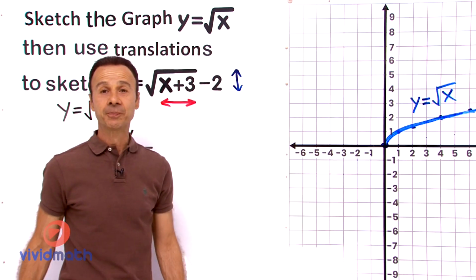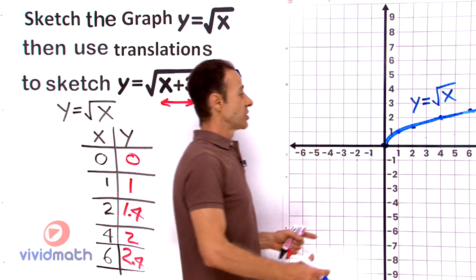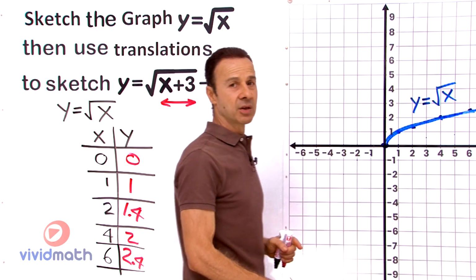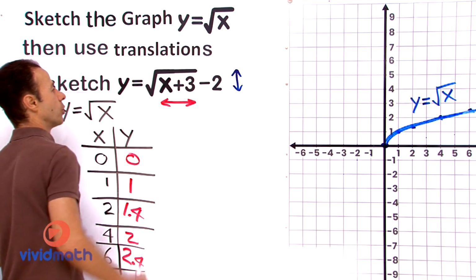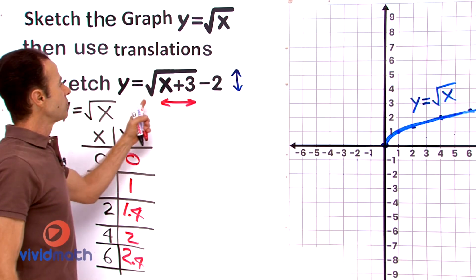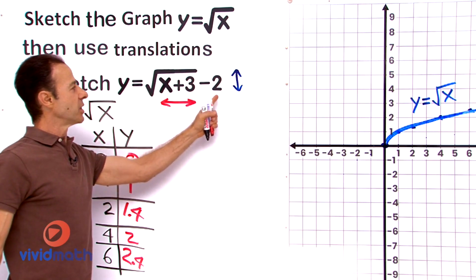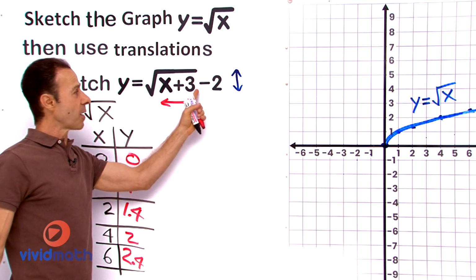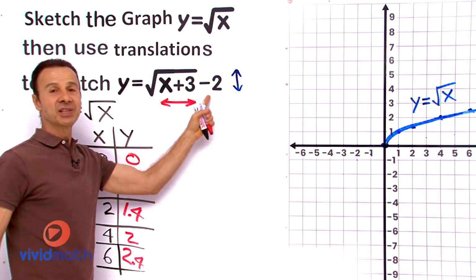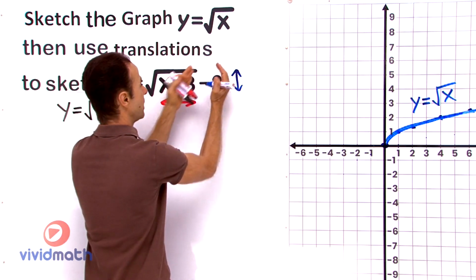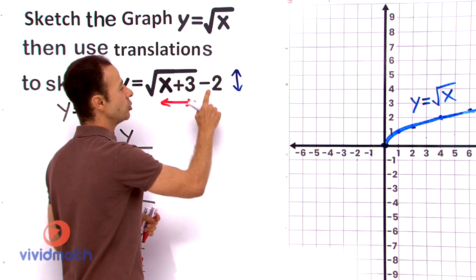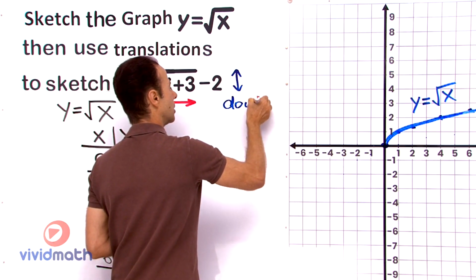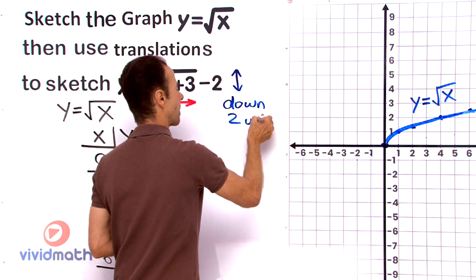So there it is. Now, all we have to do is slide and shift and translate this to get to this point here where this graph is. y equals the square root of x plus 3 minus 2. Let's take a closer look at the verticals. We've got a minus 2 there. So that minus stays because it's vertical and it's outside the function. So minus 2 means that we're going to go down 2 units.